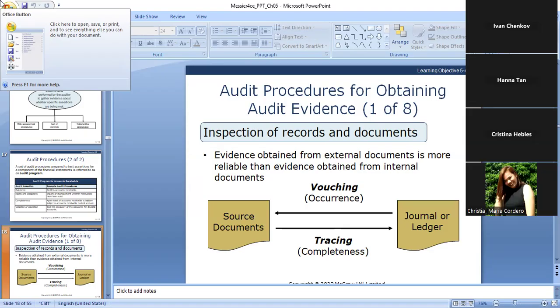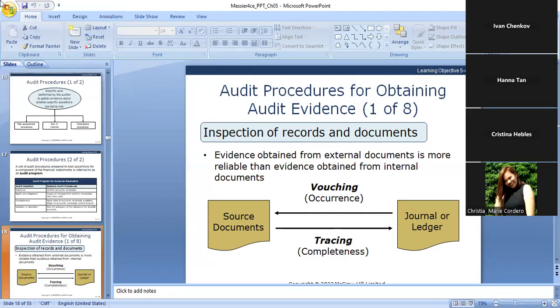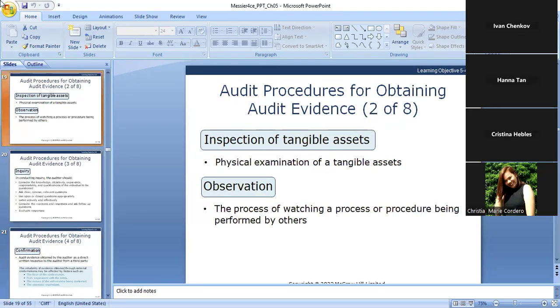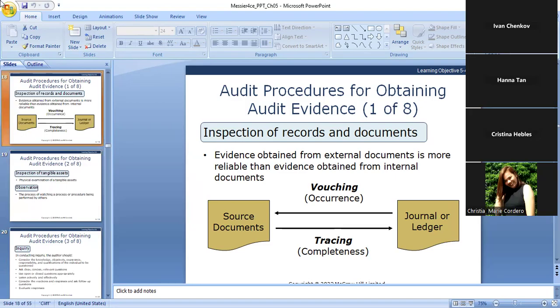If one of the two electives that you're trying to choose is not going to be audit, then you don't have to worry about the terminology. But if you're choosing to go with the audit elective, you have to know this terminology. That's why for me, audit is like learning a different language.